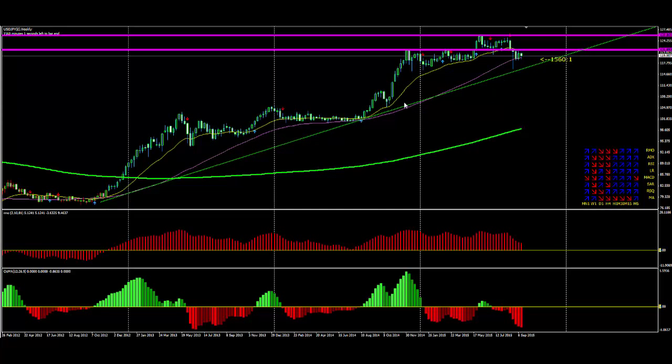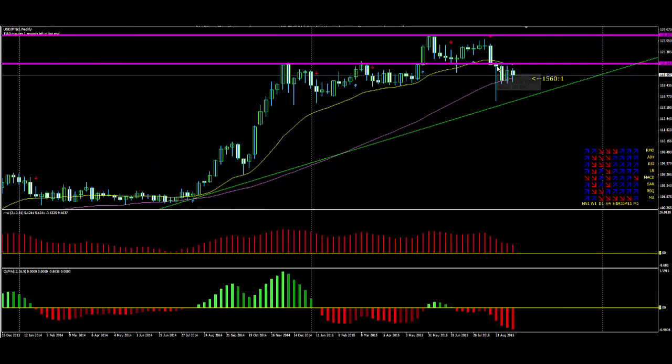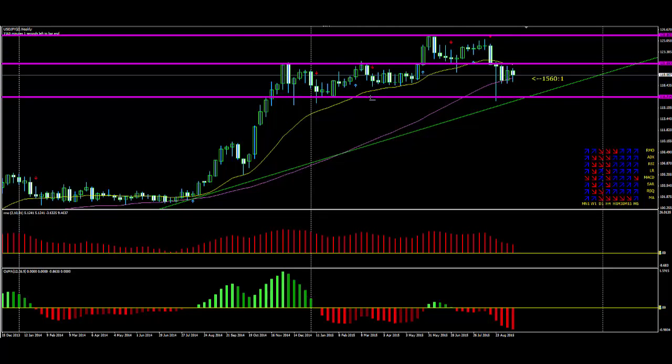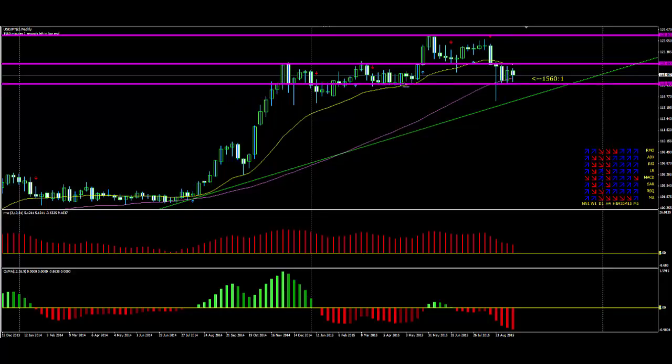That's now come unstuck as price closed below the 20-period moving average, and subsequently price would have headed back towards the next moving average support and resistance level, which in this case would be the 50-period moving average, which would have been the support here at the start of 2015.